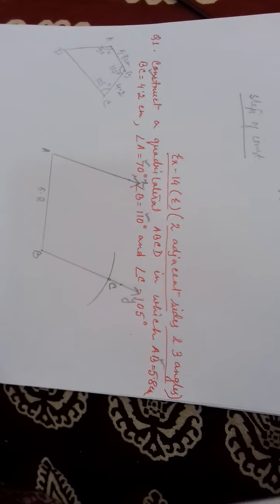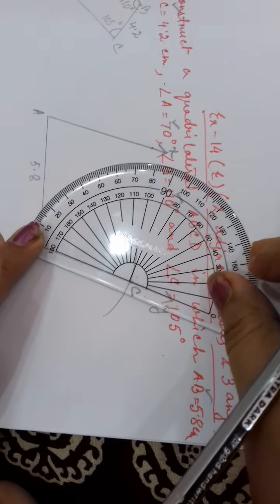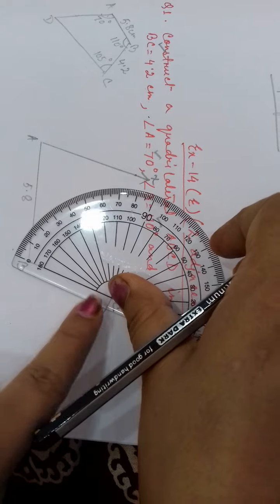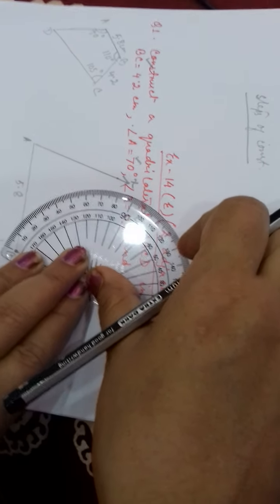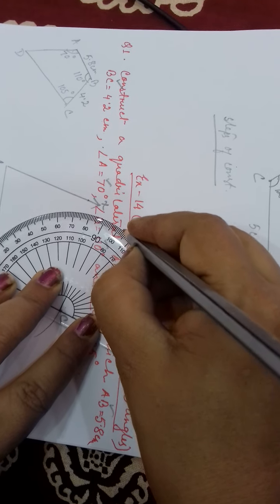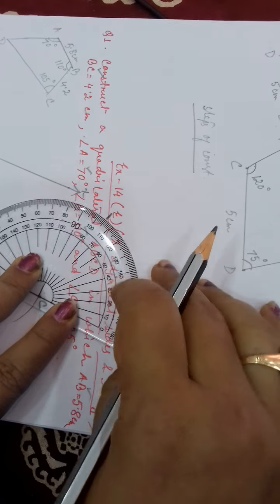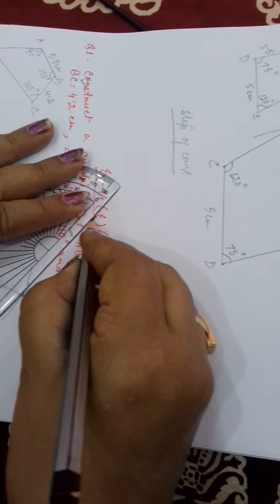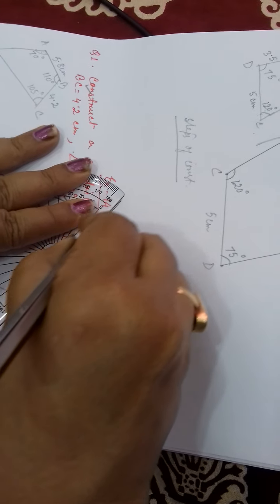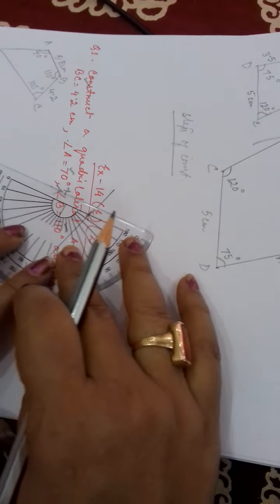Now take your copy in this way. Place your protractor here at point C. Clear? This is the center, so you will consider 0 from this side. 105 is here. Clear? Now this point and this point you join. Clear? Now you have not got D.